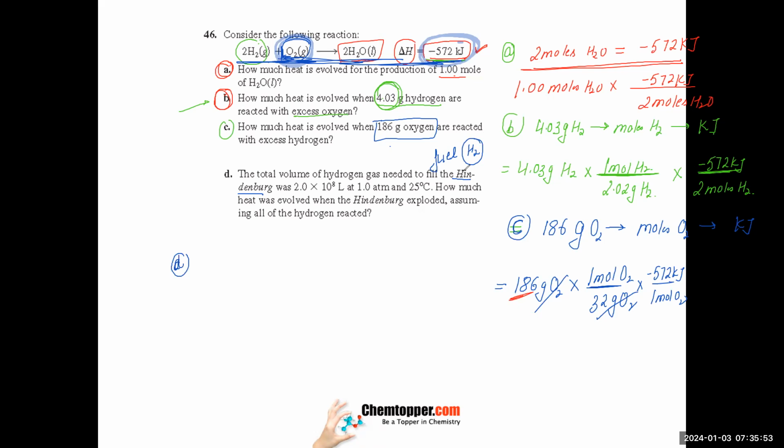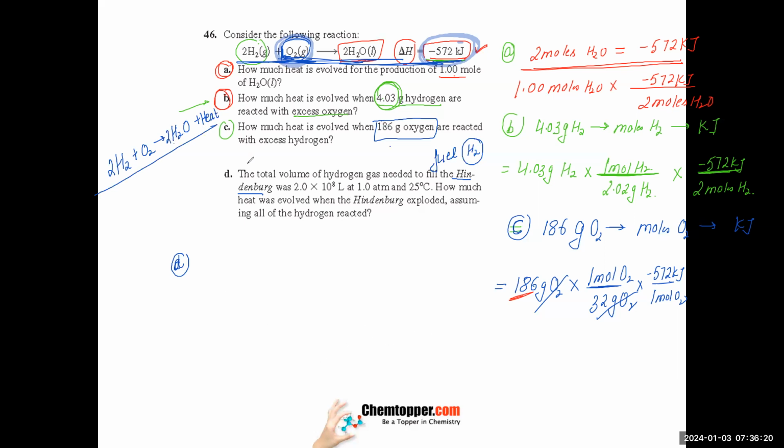It was a big disaster because H2 is very reactive, highly explosive, right? H2 reacts with oxygen of the air to give water. This reaction happened over there and a large amount of heat is liberated. The reaction is highly exothermic. This is the balanced equation.